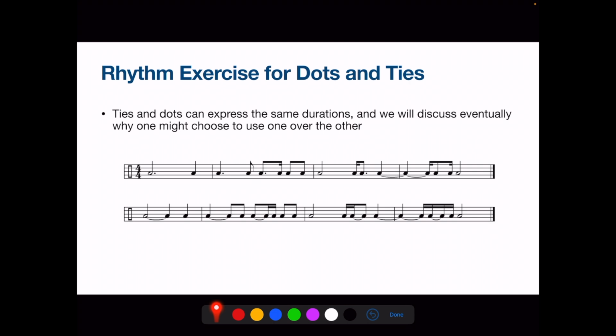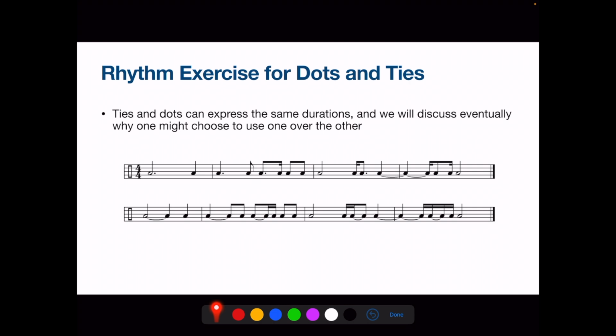So let me just demonstrate it just so that you get a feel for how we can use all of these different notes, dots, and ties, and all of these things that we just learned, so that you can hear how we can create music with all of these different tools. So let me try this. I'm gonna start from here.